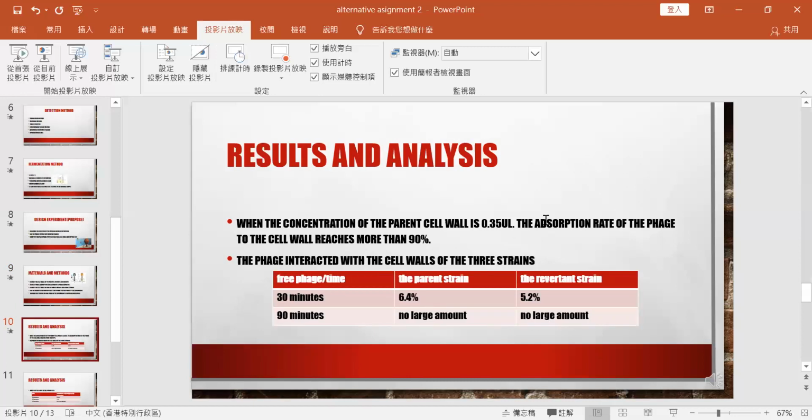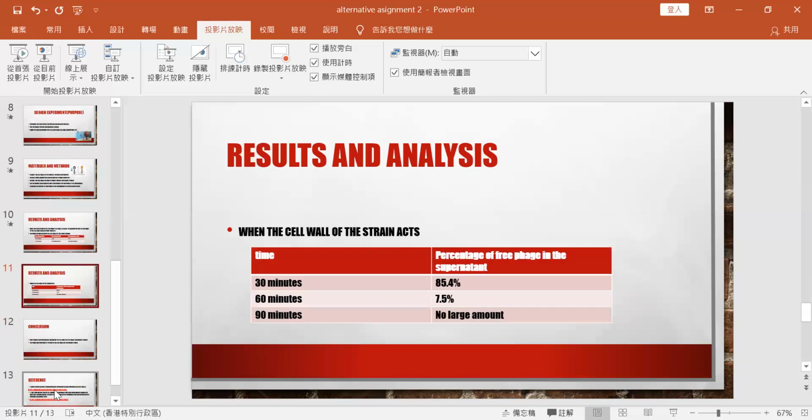With the cell wall of the mutant strain for 30 minutes, there is 85.4% free phage. And after 60 minutes of adsorption it is only 7.5%, and after 90 minutes of adsorption, there is no longer a large amount.